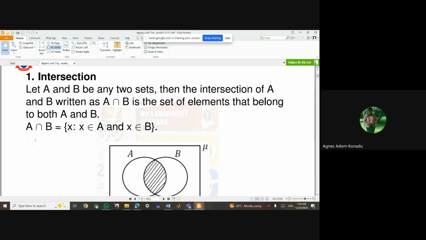The elements that can be found in both A and B are the intersection of the two sets. We can write it as A intersection B is equal to x such that x is in A and x is in B. So we use AND to represent intersection.